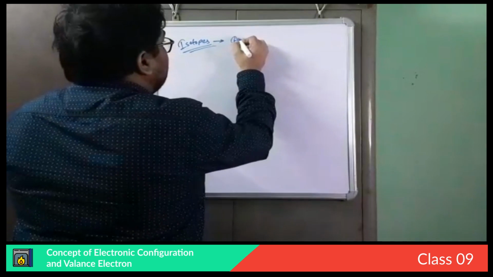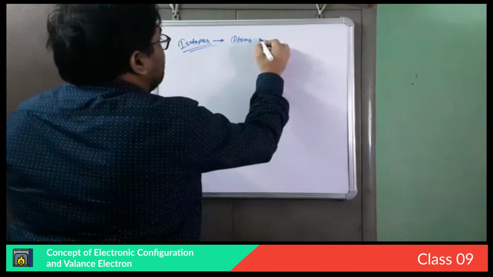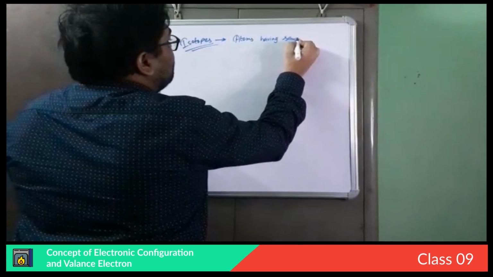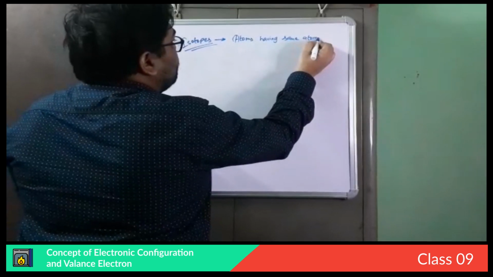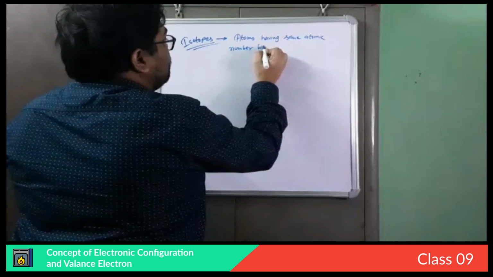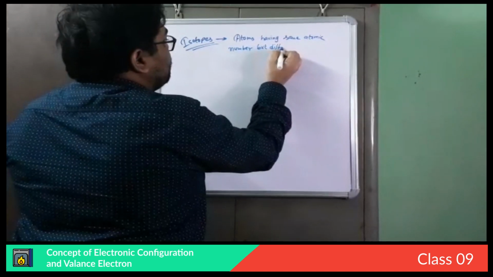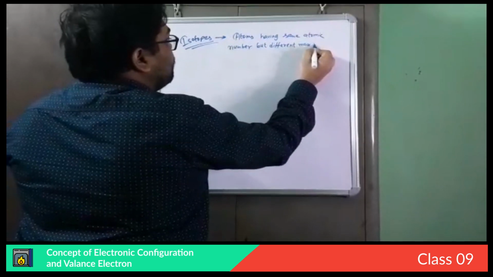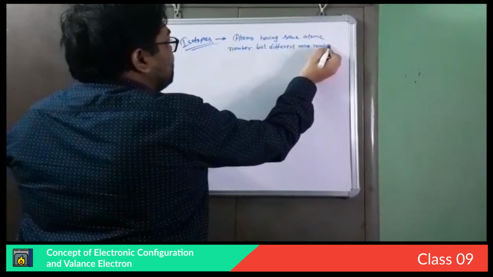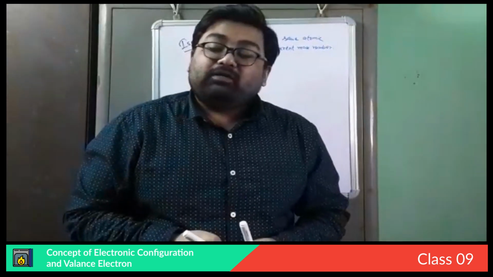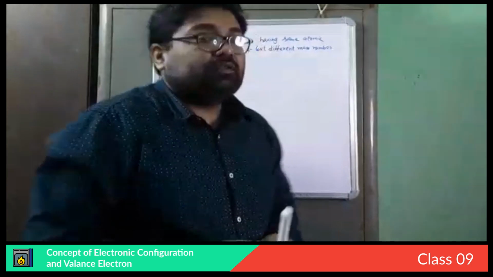Isotopes are atoms having the same atomic number but different mass number. Right? That means they have different mass number but their atomic number remains the same.